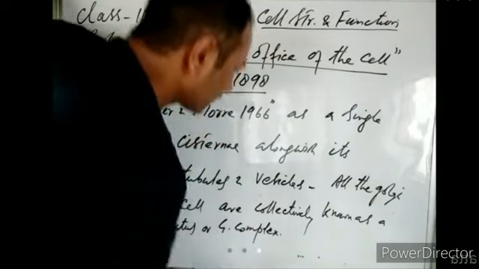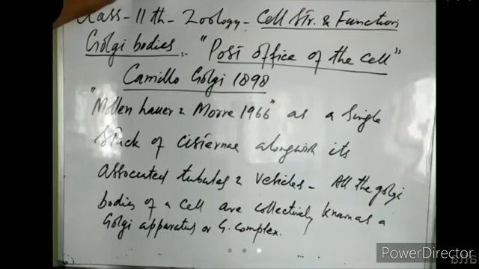So you may have heard the terms. Sometimes we say Golgi complex, sometimes Golgi apparatus, sometimes Golgi body. So Golgi body is a singular structure, right? Golgi apparatus or Golgi complex includes many single structures, right?